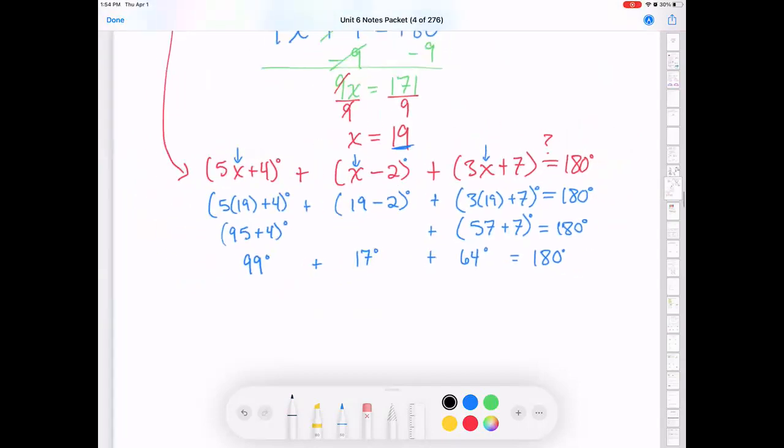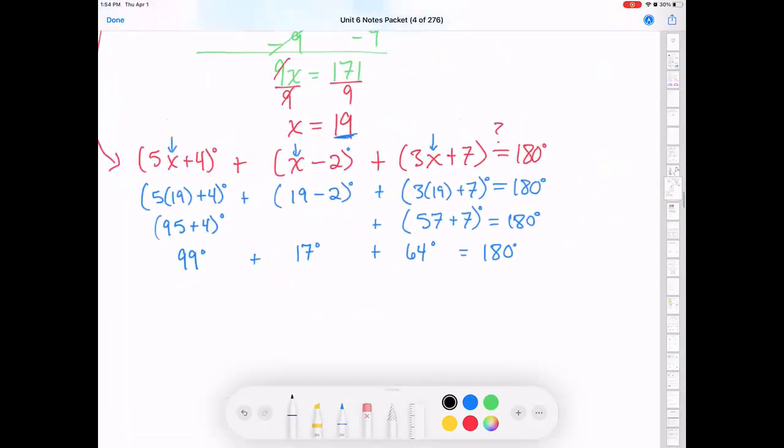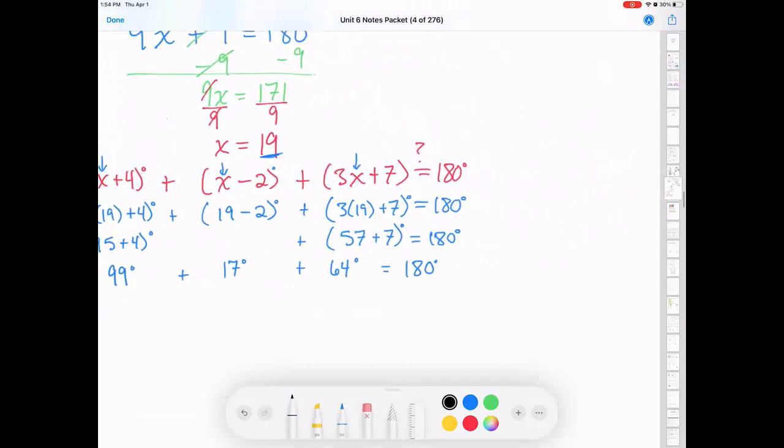So this is where that vertical approach is going to come in handy. So we have 99 plus 17 plus 64. 9 plus 7 is 16. Plus the 4 gives us 20. So we're going to have a 0 there and then carry the 2. 2 plus 9 plus 1 plus 6.